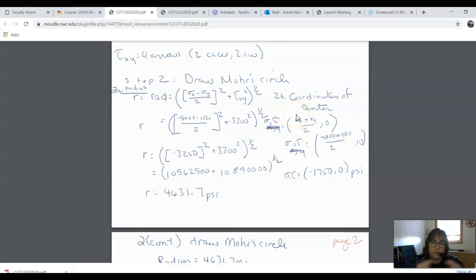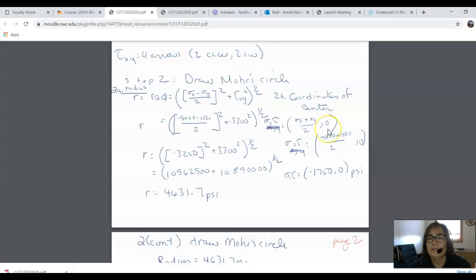The center of the circle is on the principal stress axis, which is the axis in the horizontal direction when we draw Mohr's circle, where we have sigma max and sigma min. Tau is always equal to 0 at that point. And you can go back to chapter 2 in our textbook and show that this is true. What we're really talking about is a case where all the stresses are either pulling or pushing at that particular angle. So tau xy is 0 at that point.